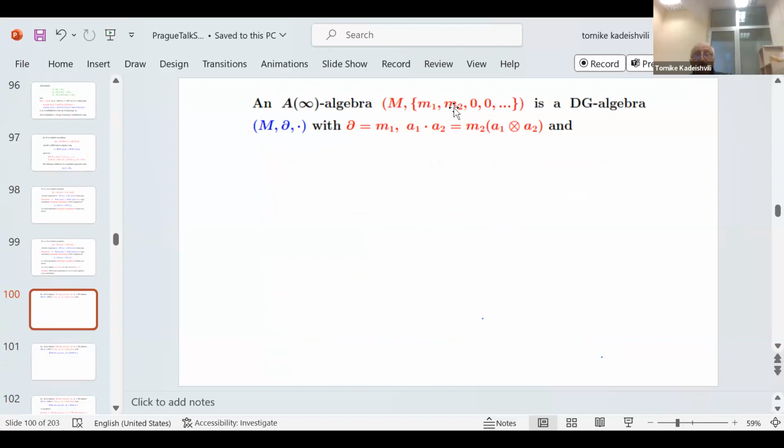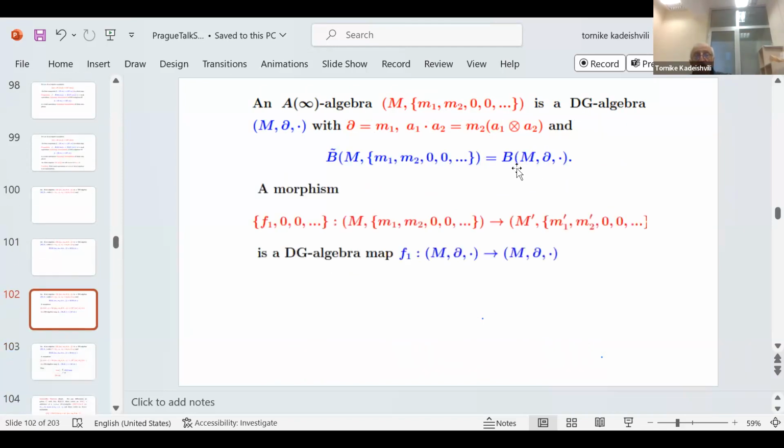If I have an infinity algebra with only 2 operations and all others are 0, then it is our good old friend, the differential algebra. So the category of differential algebras is a subcategory, and the bar tilde construction of such is the same as the normal Maclaurin bar construction.